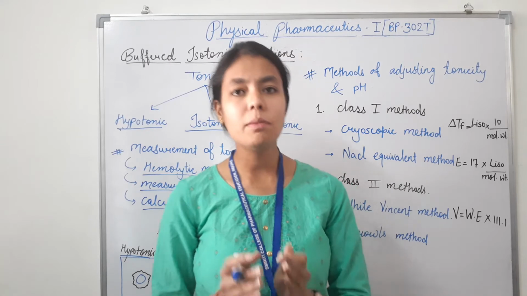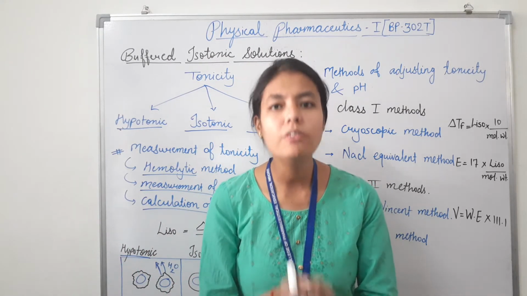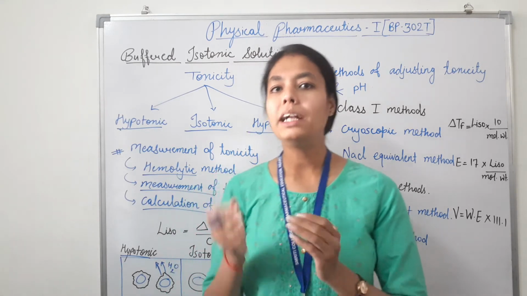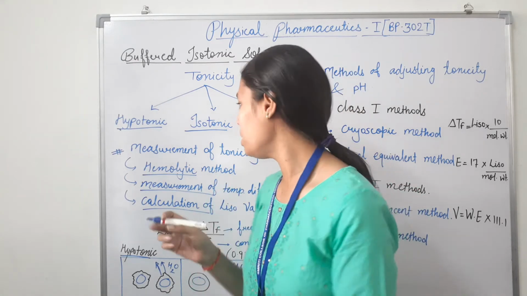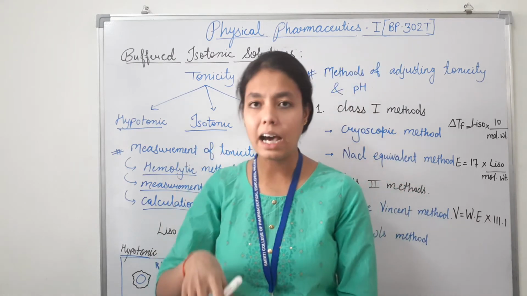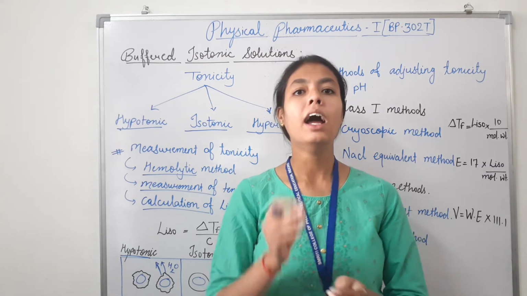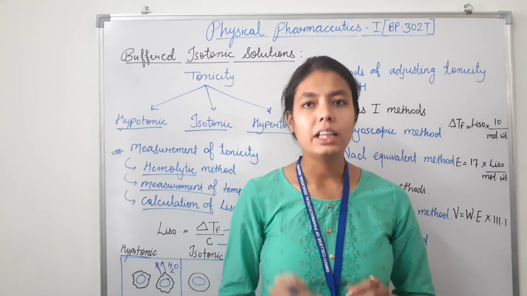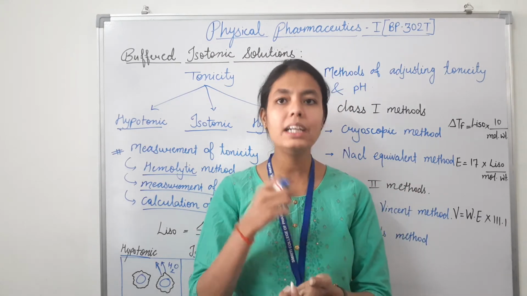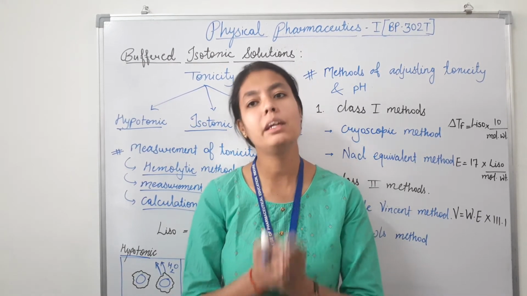The first method is the hemolytic method. In this method, the effect of various solutions of the drug is observed on the appearance of red blood corpuscles, or RBCs, suspended in the solution. So for the determination of tonicity by the hemolytic method, we have to suspend the RBC in a solution. This method was developed by Hunter. This is a quantitative method based on the fact that a hypotonic solution liberates the oxyhemoglobin in direct proportion to the number of cells hemolyzed.